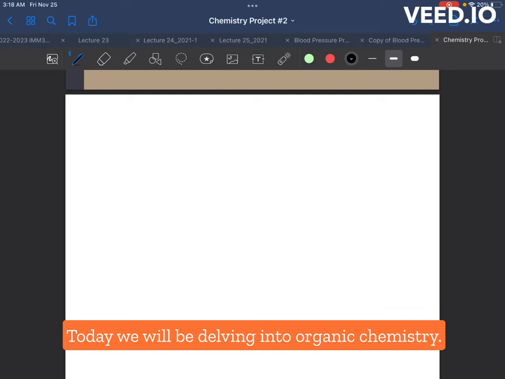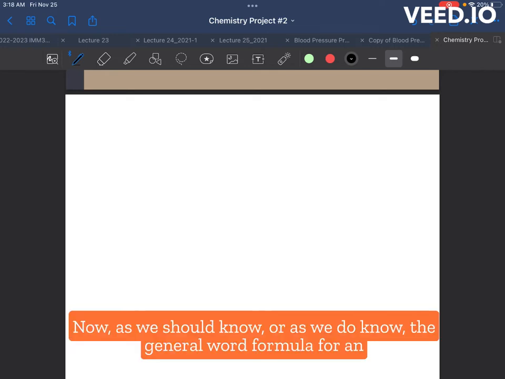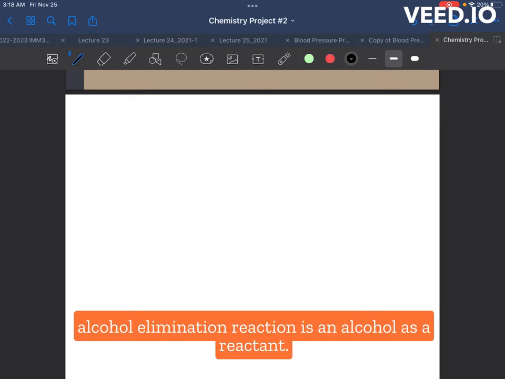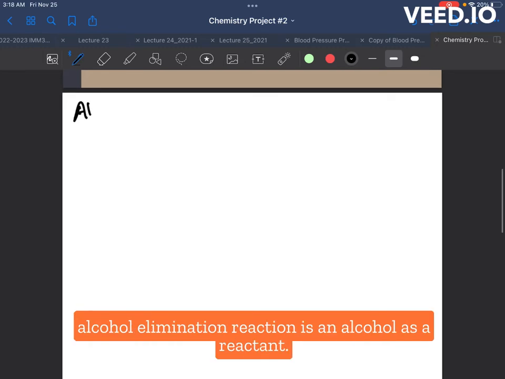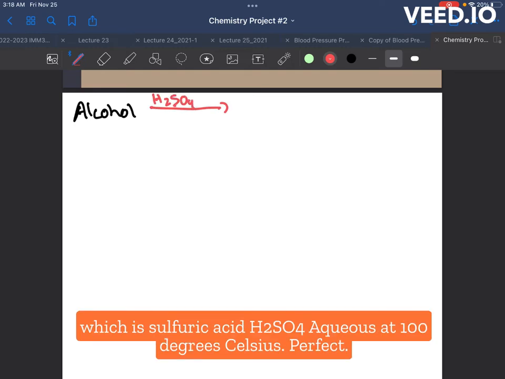Today, we will be delving into organic chemistry, specifically alcohol elimination reactions. Now, as we should know, the general word formula for an alcohol elimination reaction is an alcohol as a reactant, and then we have our catalyst, which is sulfuric acid, H2SO4, aqueous at 100 degrees Celsius.